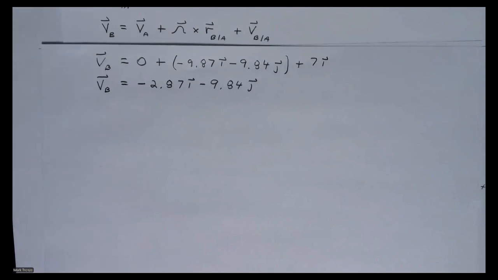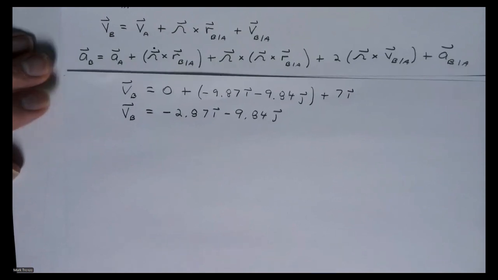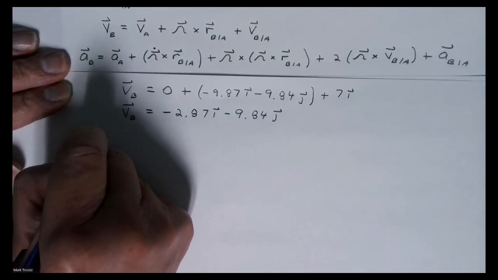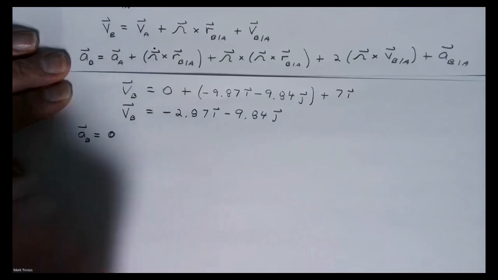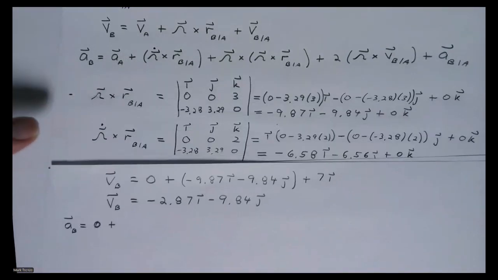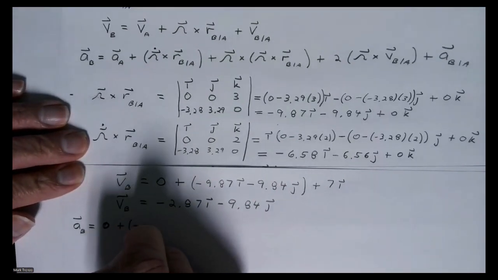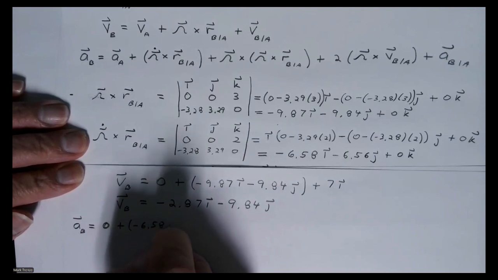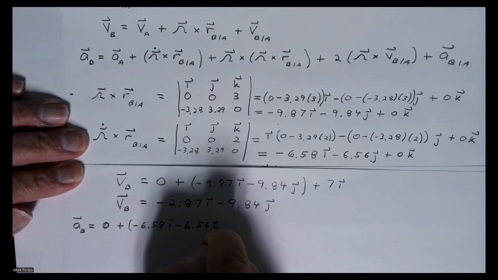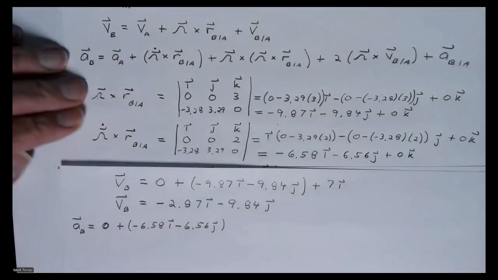Then next, we're going to substitute into this equation here. Again, the acceleration of A was 0. The moving reference was not translating. Then we have this cross product here, which was negative 6.58I minus 6.56J plus 0. Okay, I'll leave that off. So that was this. Then we have this double cross product here.